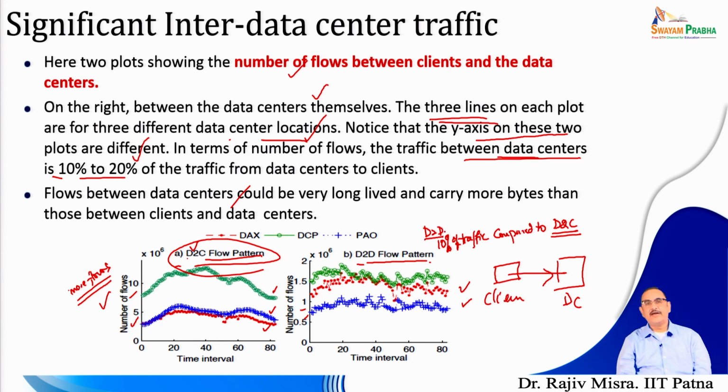So, data center to data center traffic is little, only 10% compared to the data center to the client in this case.